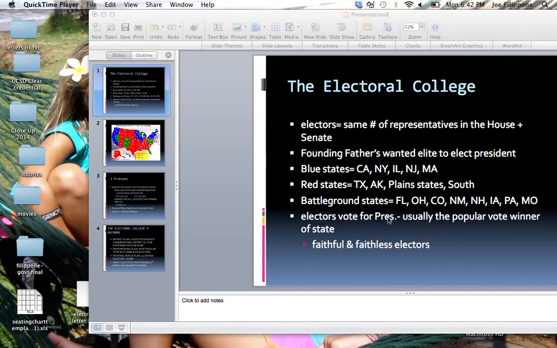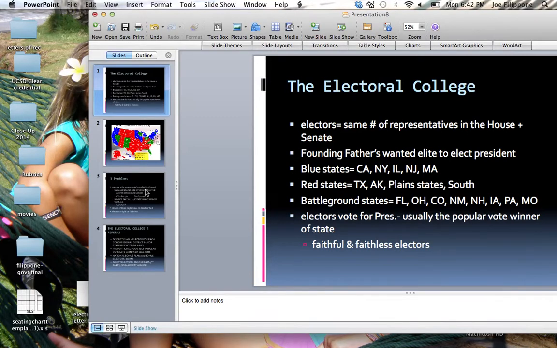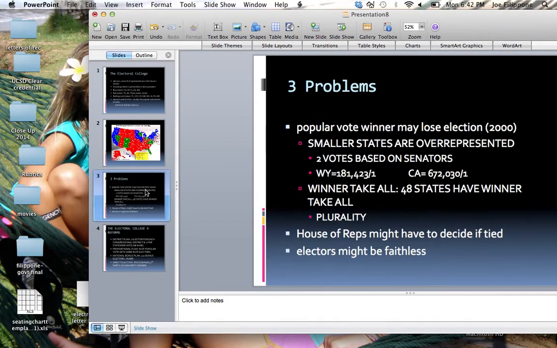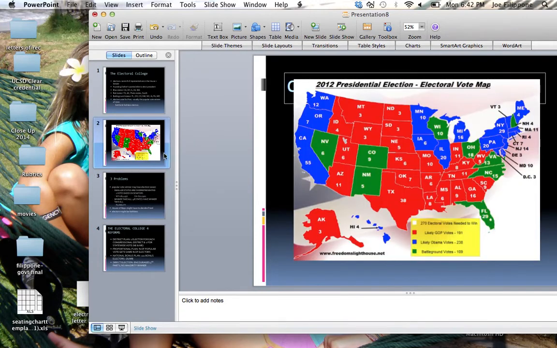Now, how the Electoral College works today is that each state selects their slate of electors. Usually 48 of those states have the winner-take-all system.